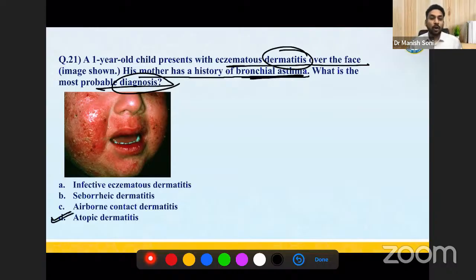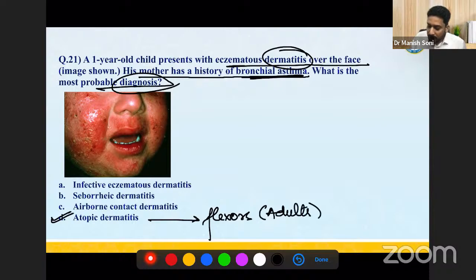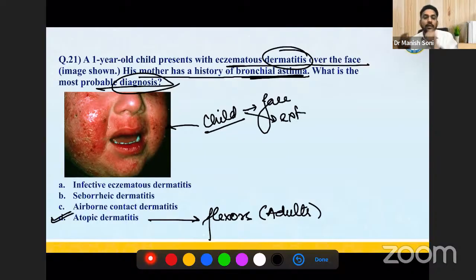Atopic dermatitis generally involves flexures in adults, but in children it can involve face as well as extensors when they crawl. So here face has dermatitis and the mother has history of atopy or asthma. This is a very important clue, and this is a very itchy condition. This is a case of atopic dermatitis.